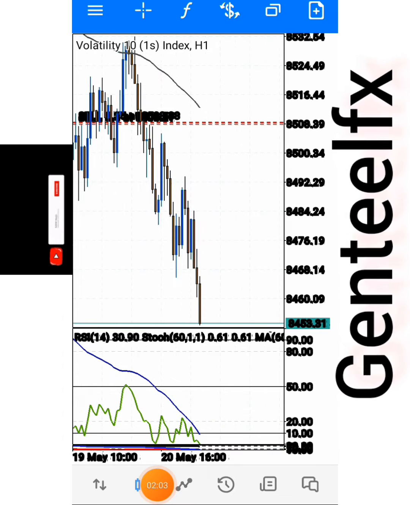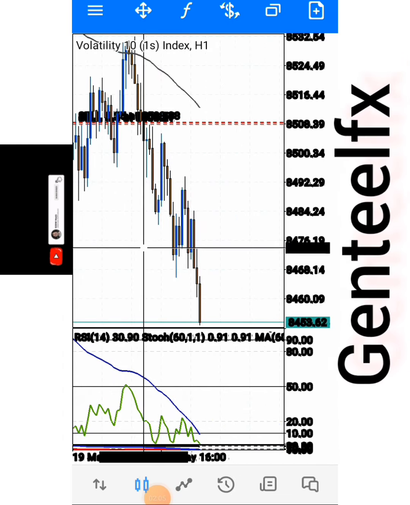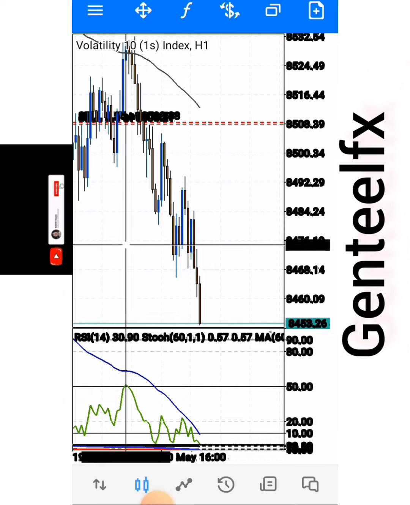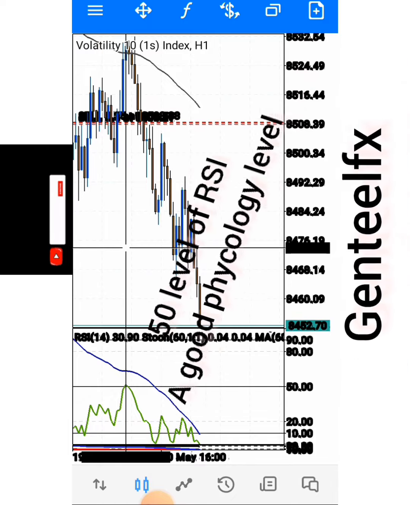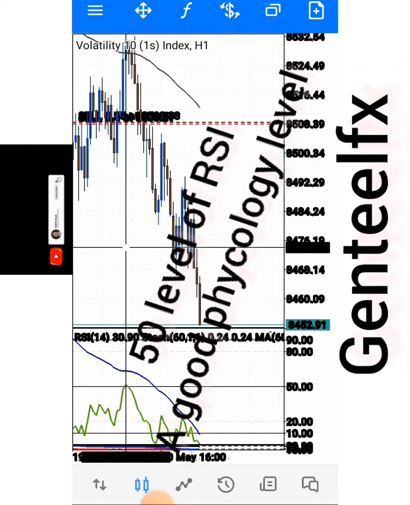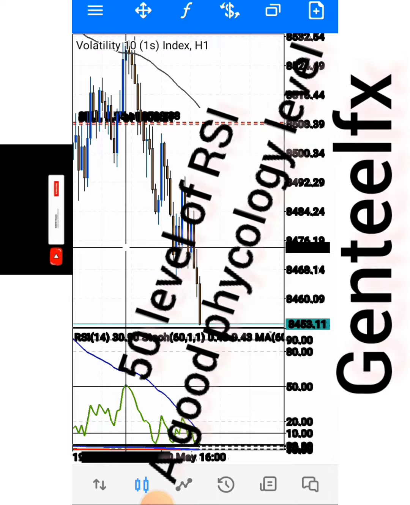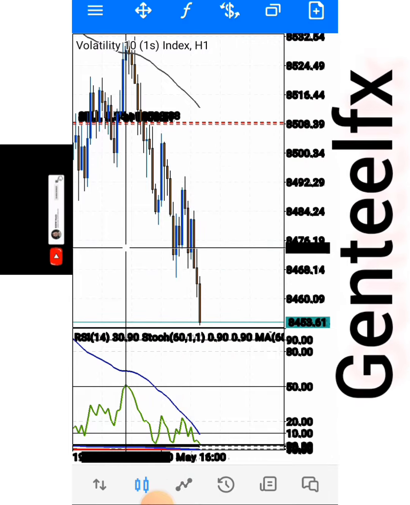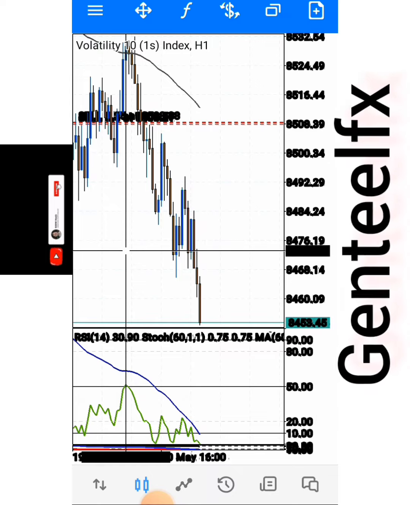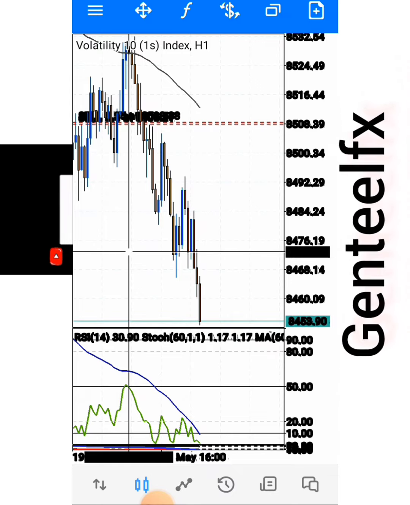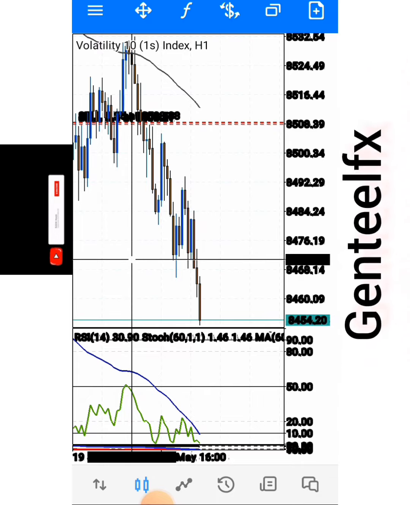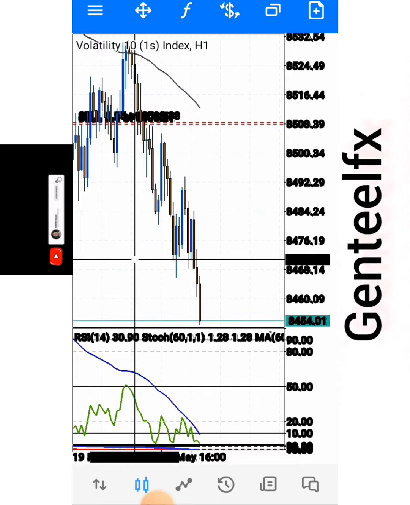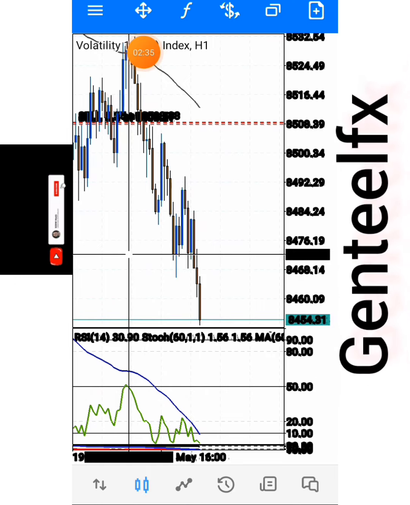So what happened next is that this signal line traces to the 50 level of moving average. As it traces to the 50 level of moving average, I also have to find another important level to enter the market, because I missed the aggressive entry here.